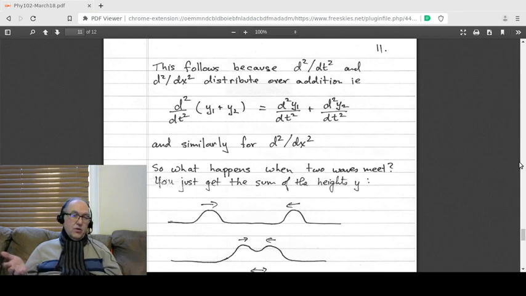So the second order time derivative of y1 plus y2 is simply equal to d2y1 over dt squared plus d2y2 over dt squared. In other words, differentiation just distributes over the addition. So if y1 is a solution and independently y2 is a solution, then y1 plus y2 is also a solution.